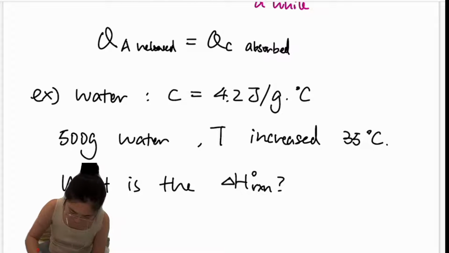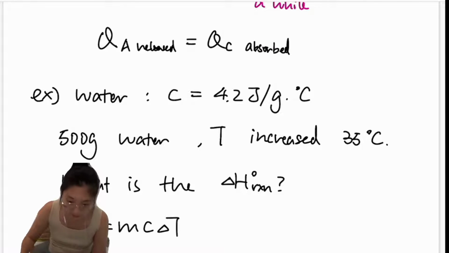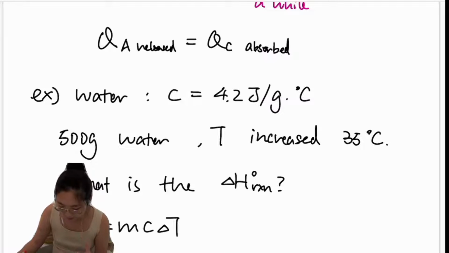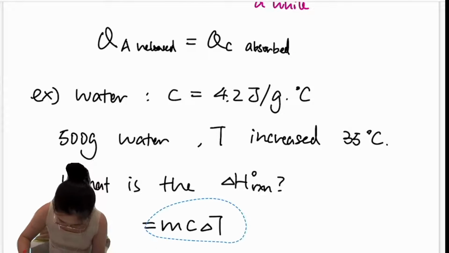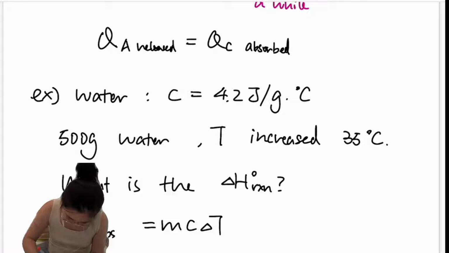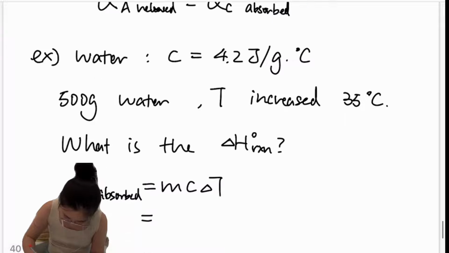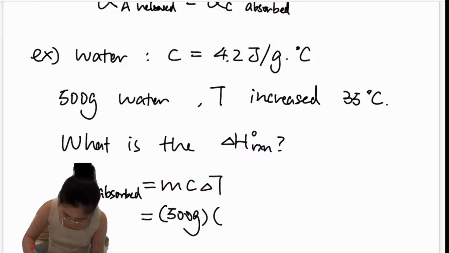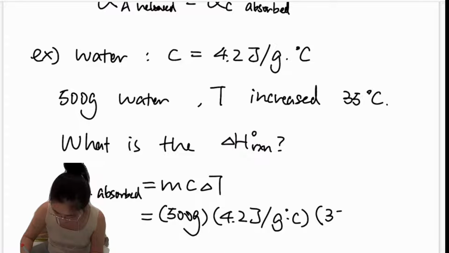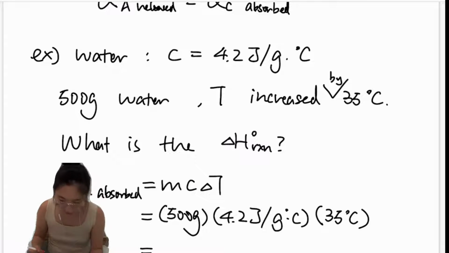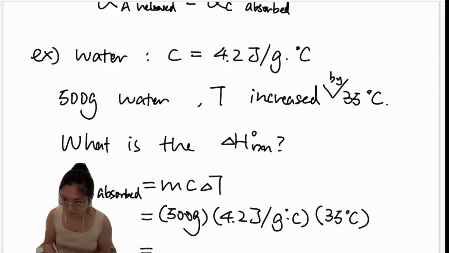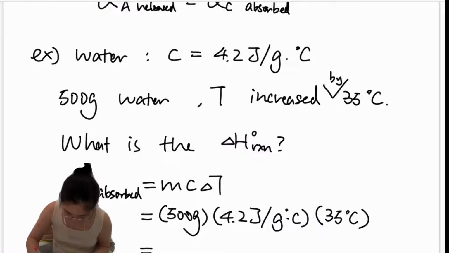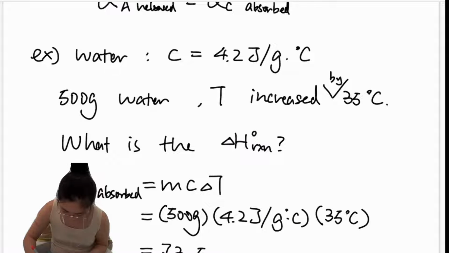Okay, first off, I will have to apply this Q equals mc delta T equation to calculate the amount of heat absorbed by water. So Q absorbed is equal to its mass, 500 grams, multiplied by 4.2 joules per gram Celsius degree, times 35 degrees. And the answer is 73,500 joules.